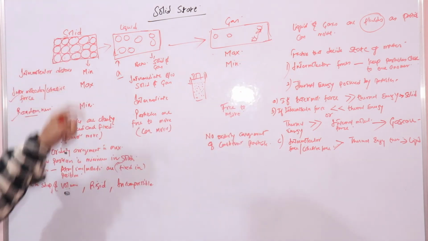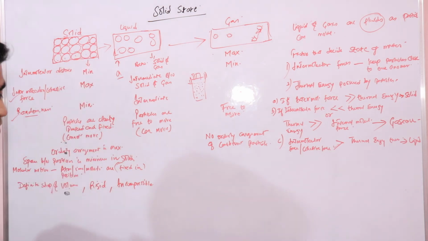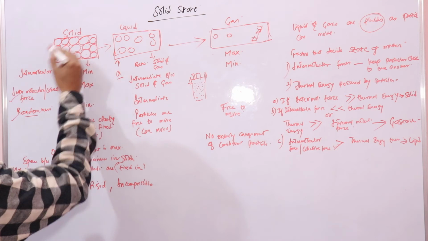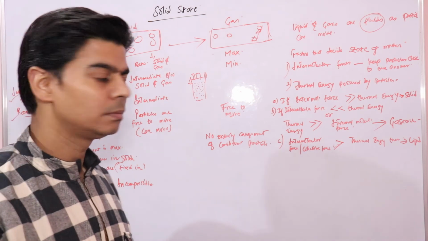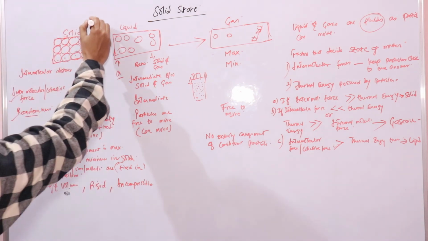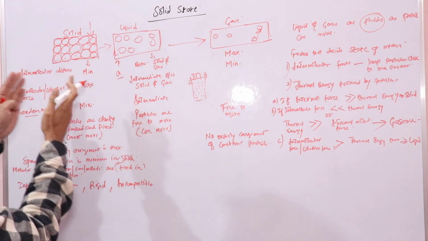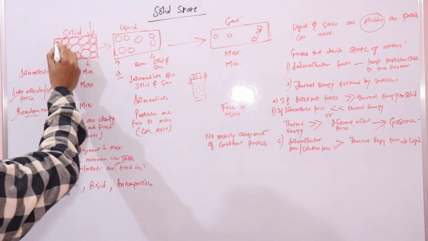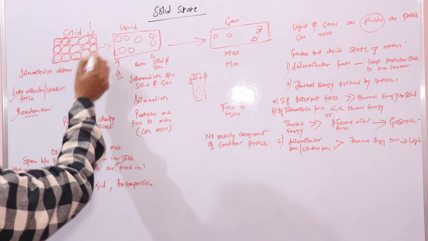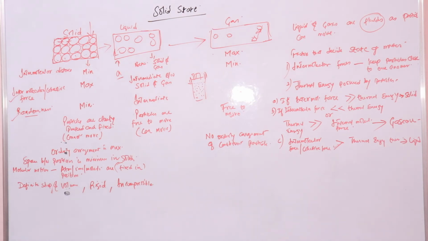But if you compare it with solids, the intermolecular distance is minimum. In this kind of arrangement, the space between the particles is minimum. So even if you try to compress a solid, since the particles are already touching one another, there is no scope for them to come closer.